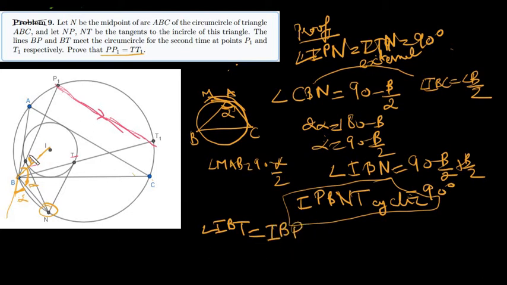And the reason is that IB is equal to IT by symmetry, it's a kite, there are two equal tangents. So because they are equal chords, they subtend equal angles. So equal chords make the same angle.